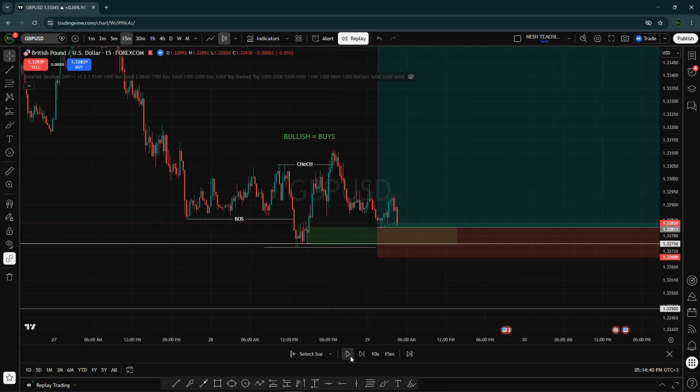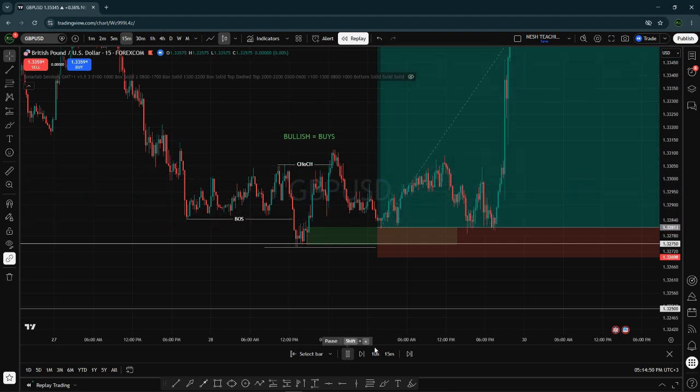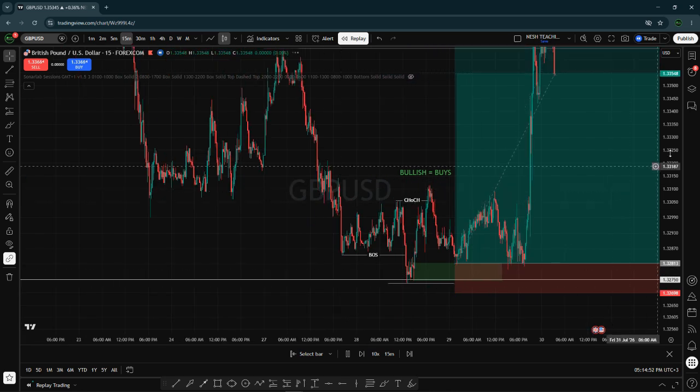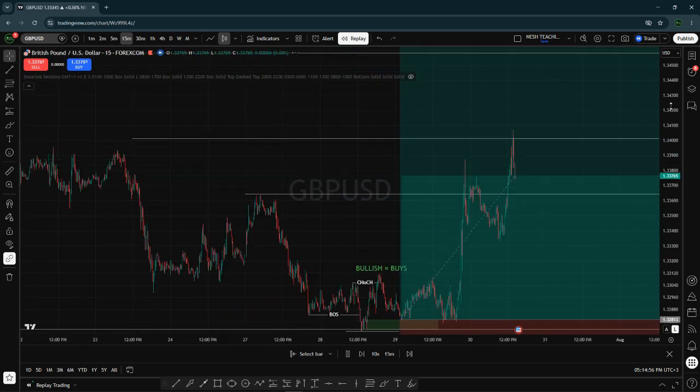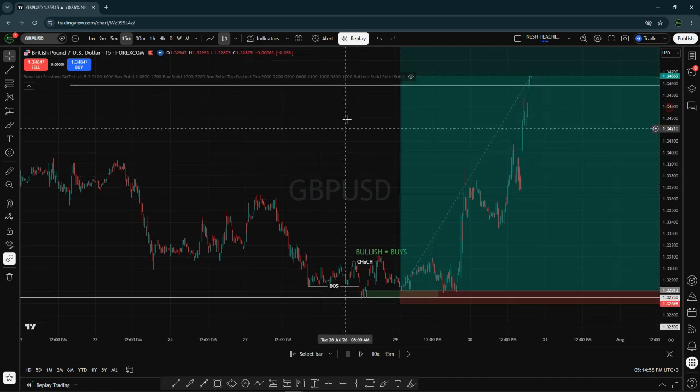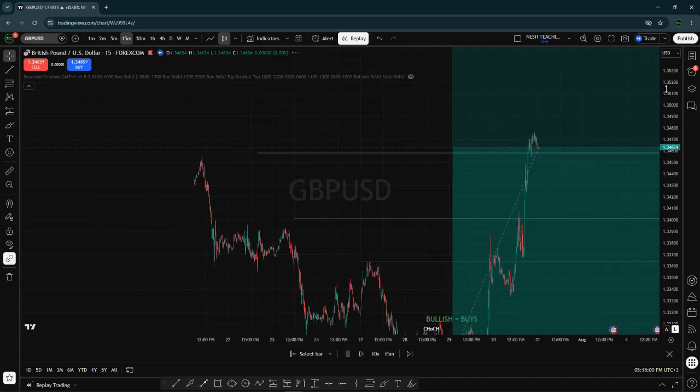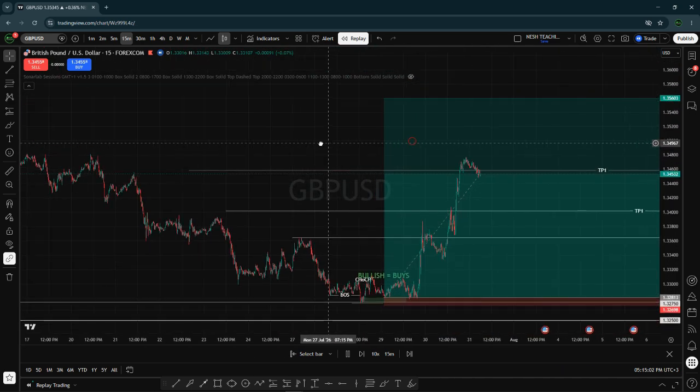So now we let the market play out to see how it is going to act, right? It's coming to our entry, but finally it pushes up, okay? The market's here running on our area. Okay, you can see it's crazy moving. Actually, this could be a very clean setup.